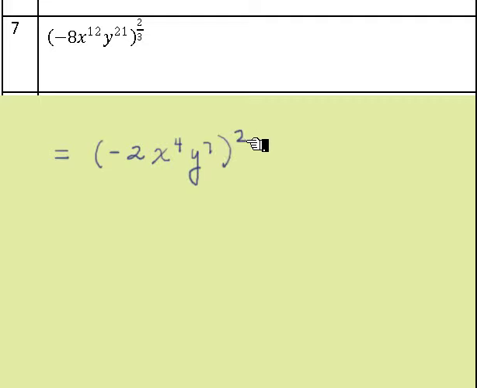And now we're squaring, using the numerator. We're going to square negative 2, and that would be positive 4. Square x to the 4th, multiply the exponents, and we have x to the 4 times 2, x to the 8. And then y to the 7th squared is y to the 7 times 2, y to the 14.